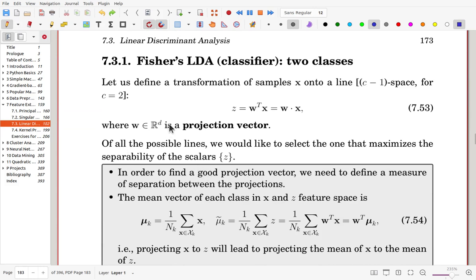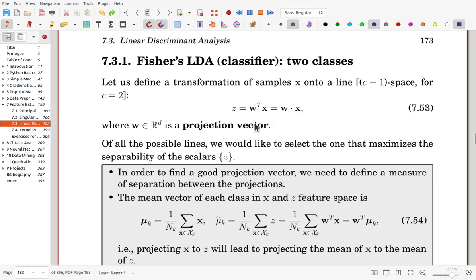Here, consider a projection. Fisher's LDA as a classifier can be considered as a projection method. For simplicity, we start with C classes. The projection is always C-1 dimension. So once C is 2, the projection will be onto a line, since C-1 is 1, and a one-dimensional space is a line.